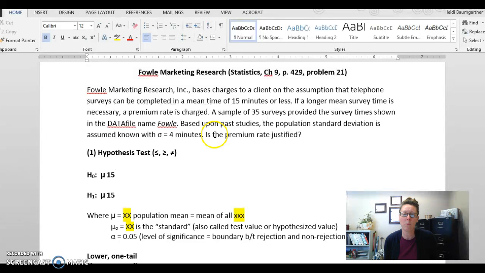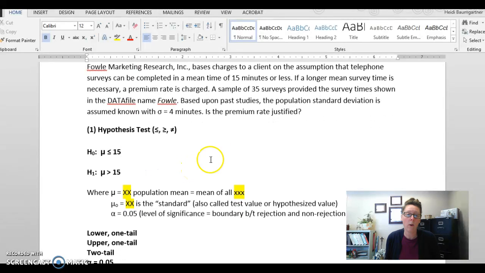So what we're trying to prove in this is that the mean time is greater than the 15 minutes. So we're going to put that in the alternative hypothesis. What we're trying to prove is going to go in the alternative hypothesis area. So greater than 15, which means the null needs to be less than or equal to 15.